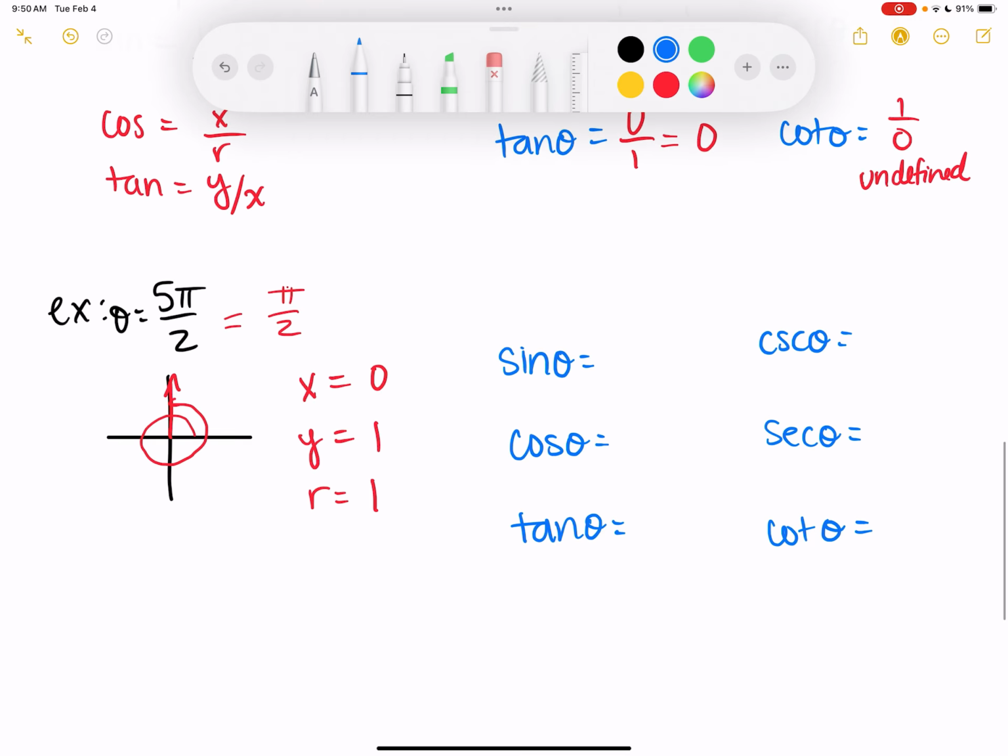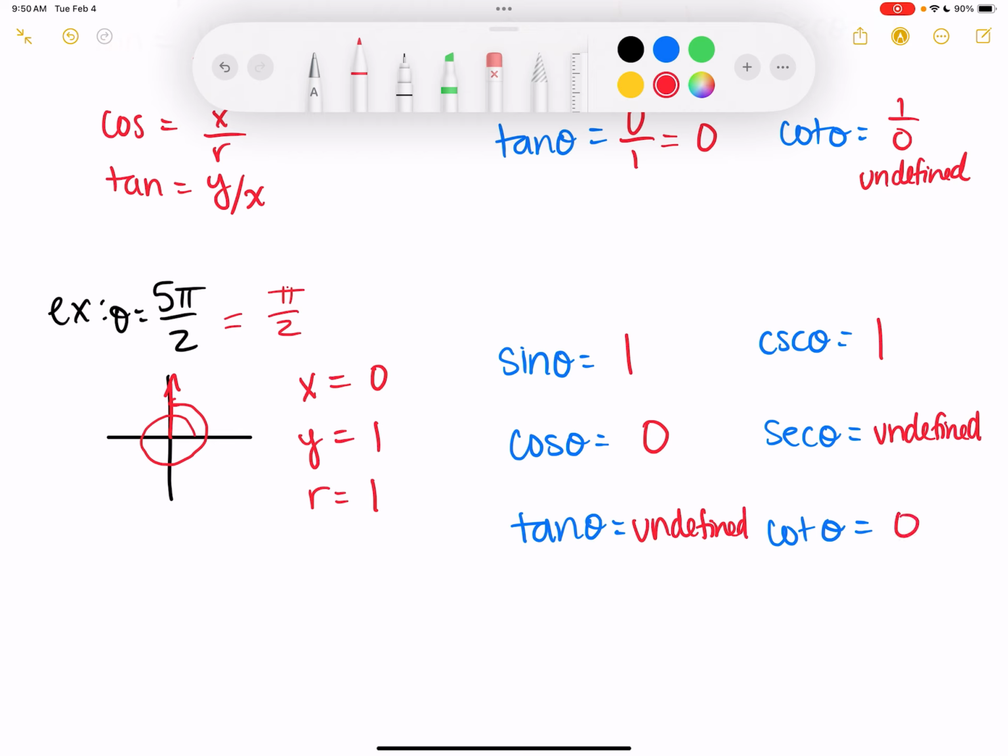What do I get? 1. Cosine is x over r. 0. Tangent, y over x: undefined. Cosecant: 1. Secant: undefined. Cotangent: 0.